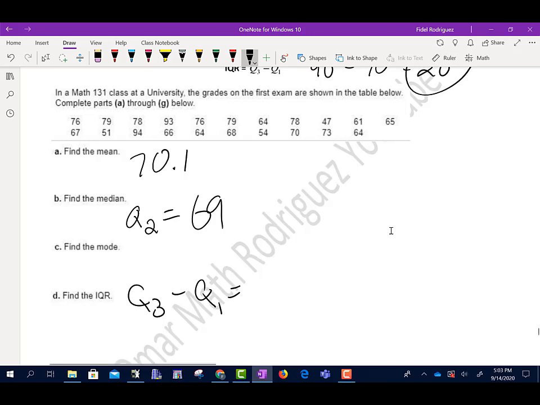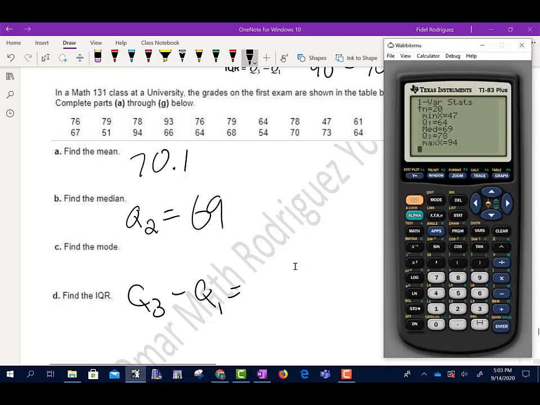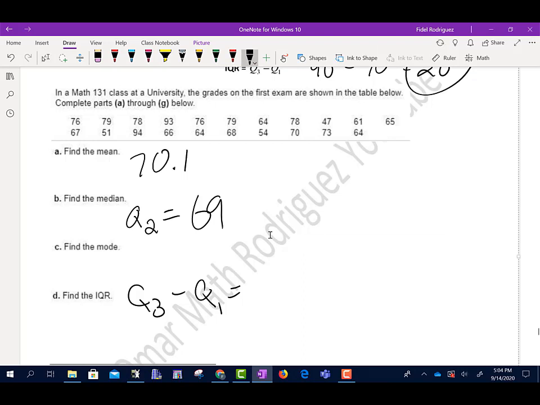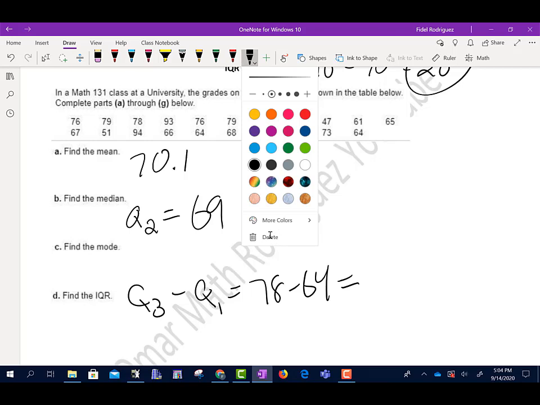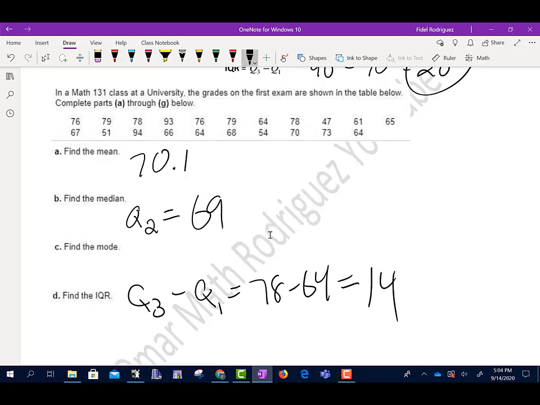So what's Q3? 78 minus 64 will be something like 14.